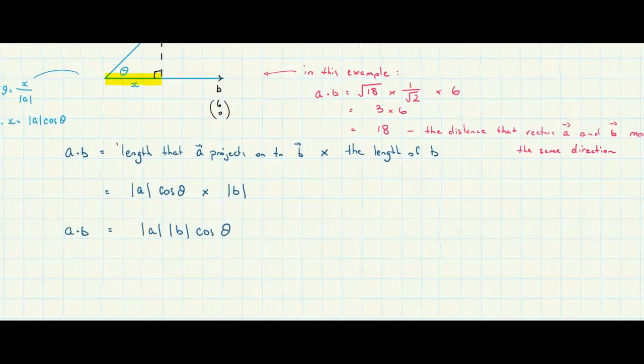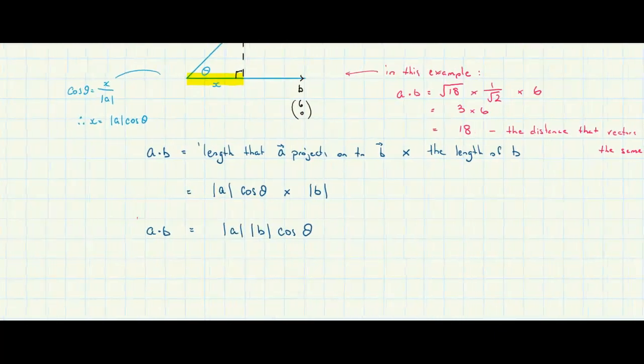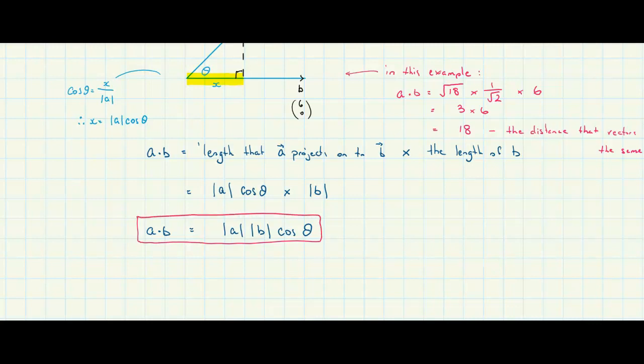That's what it means, the interpretation. So here's our magic relationship between our vectors that gives us our dot product. This is called our dot product.